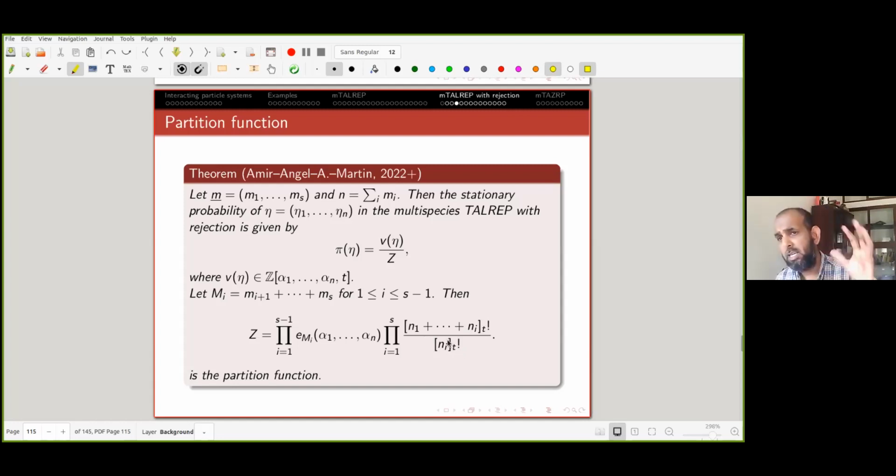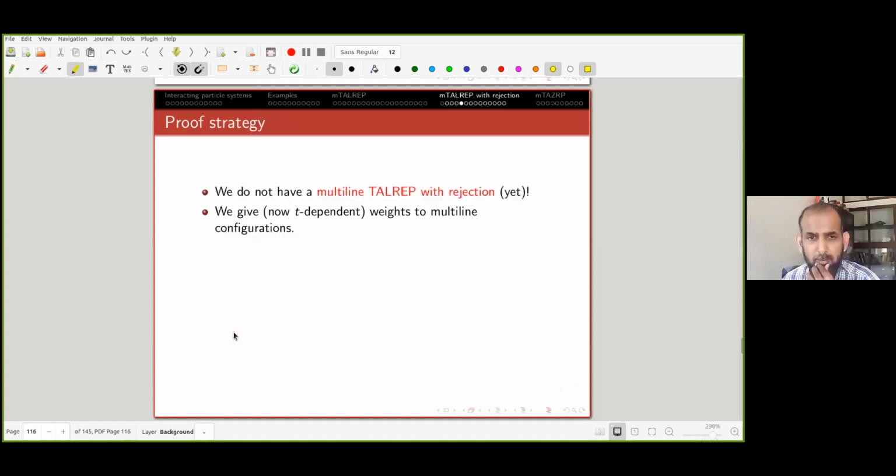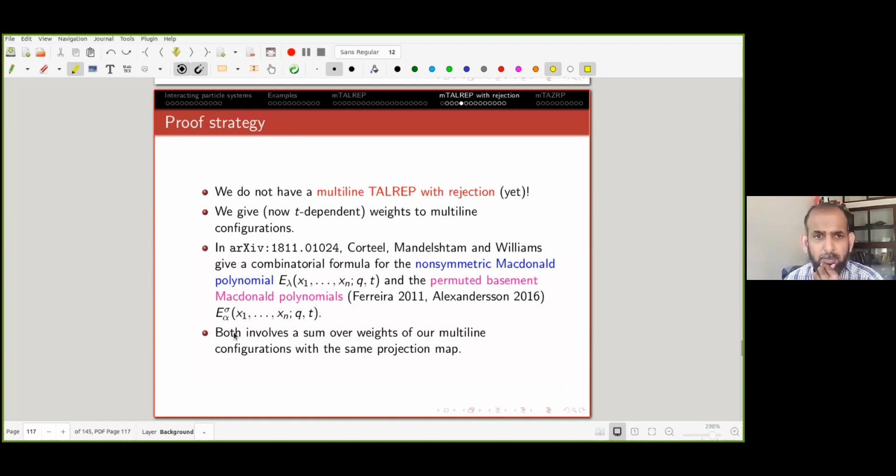So somehow the t has not influenced the partition function. It is there in the stationary distribution. It has not vanished. But when you sum all of them, they neatly separate. The t part is separate from the non-t part, or the alpha i part, if you like.